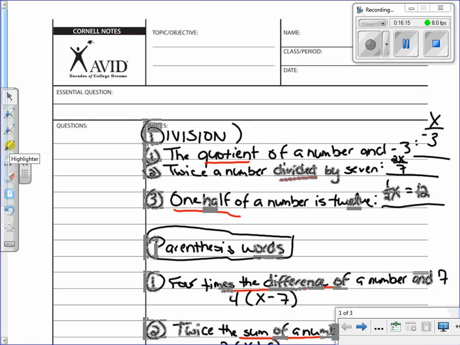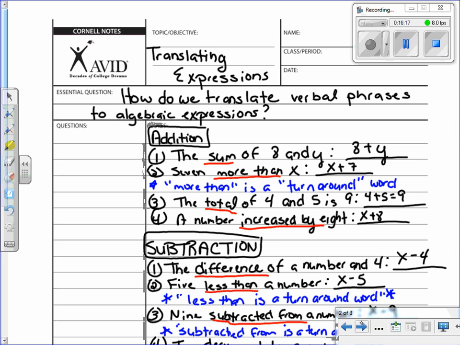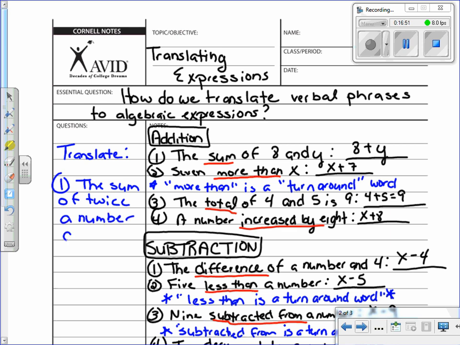Okay, so if you want to just go back to the first page, here are the 2 questions that you need to be able to answer to say that you are confident. So you would need to be able to translate number 1, the sum of twice a number and 7.